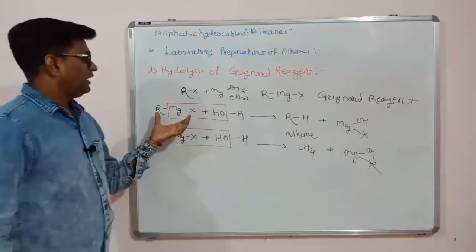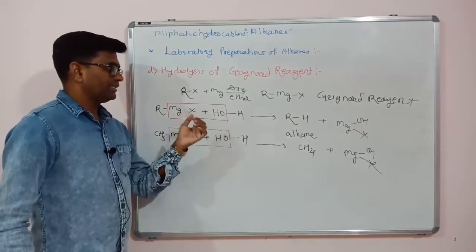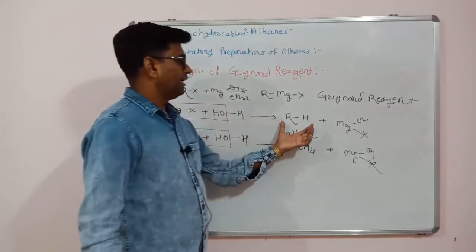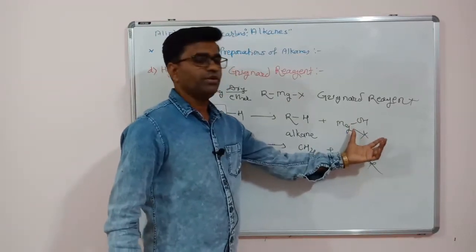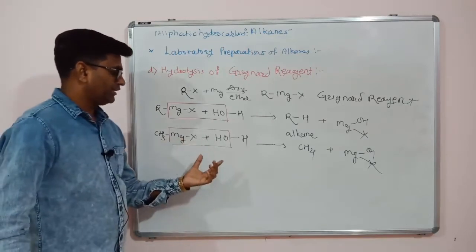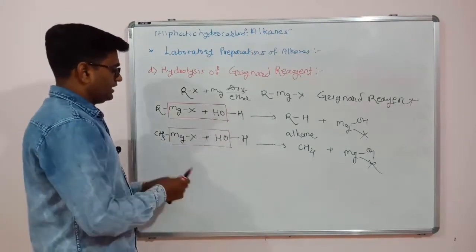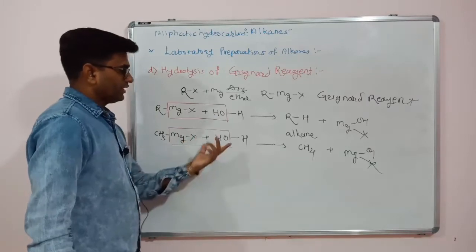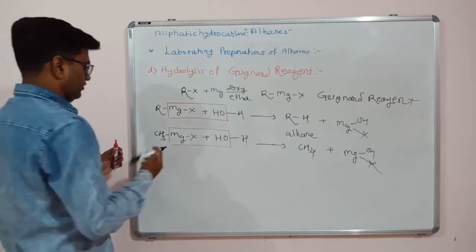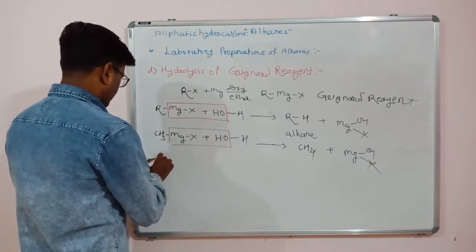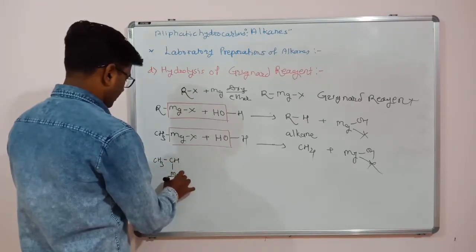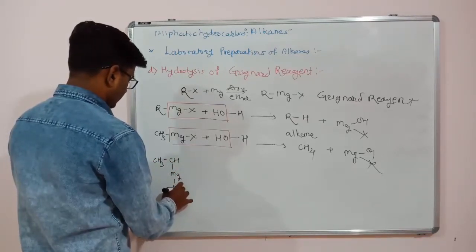So in this way, alkyl magnesium halides, that is Grignard reagent, on hydrolysis, addition of water, we will get alkane and MgOHX as a byproduct. So for example, methyl magnesium chloride, suppose methyl magnesium halide, then what will happen? We will get methane as a product. We will take one more example. For example, CH3CH(MgBr)CH3.